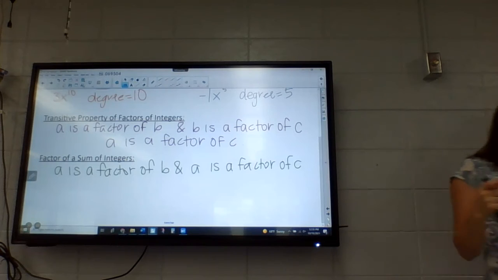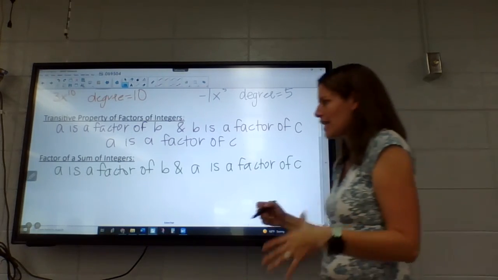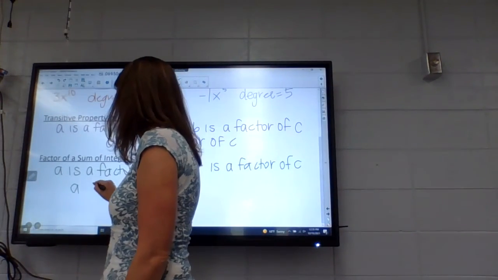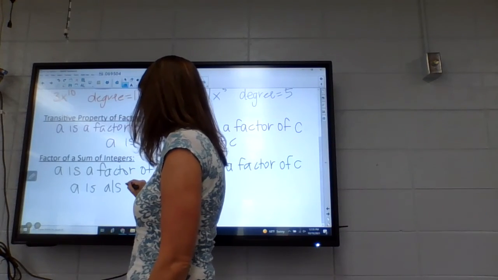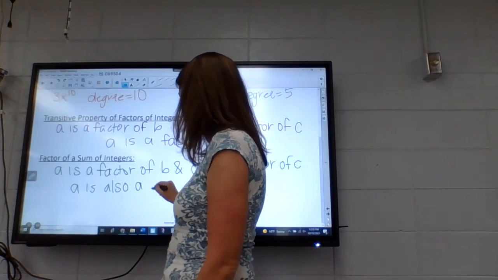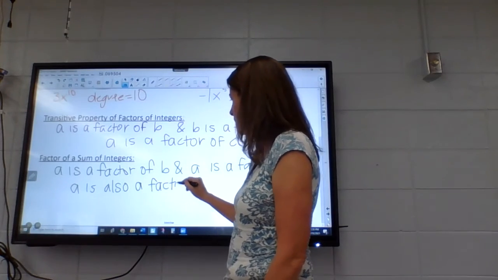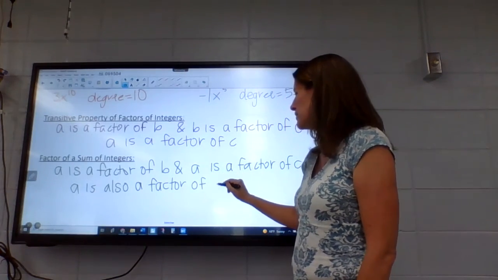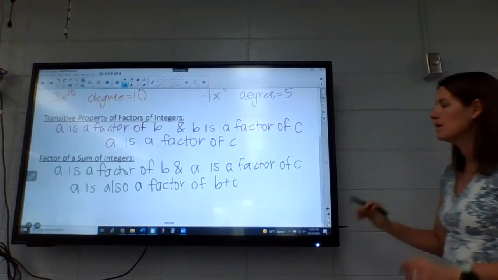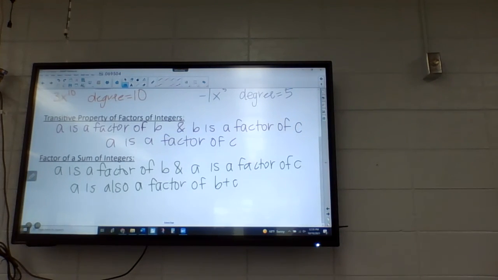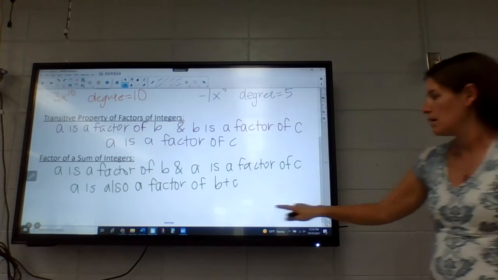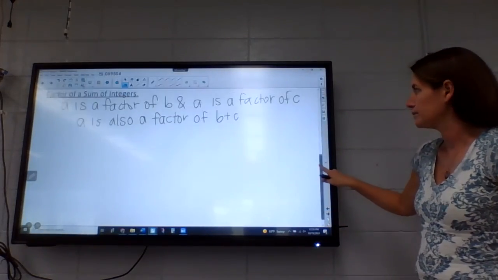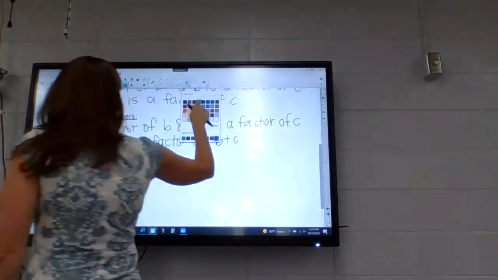What it's saying is that if I add B and C together, A is also going to be a factor of those combined, which is kind of a strange one. But once you see it with numbers, I think it makes sense. I'll show you an example, and then we'll take a break.